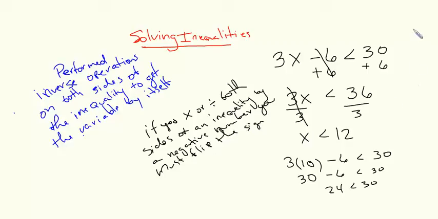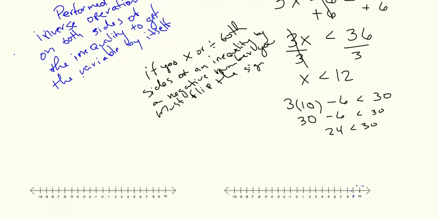Alright, so I will give you an example of why we have to do that. Let's take, for example, 3 is less than 8. Alright, so if we look on my number line here, I see I have 3 and then I have 8.